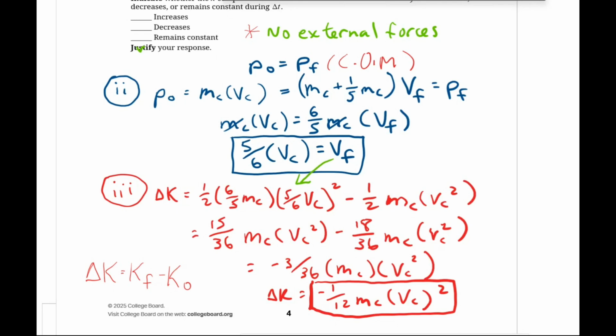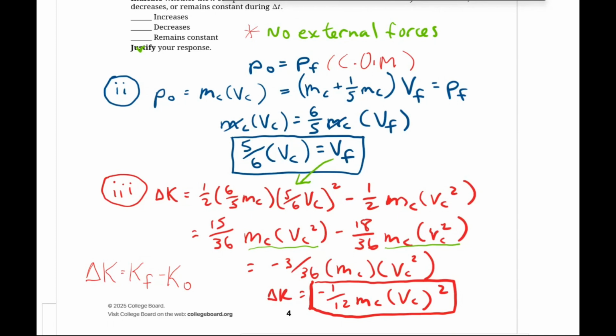And then that's the coefficient in front of the MC VC squared. As you see, this one has an MC VC squared, and this one does as well, which works out nicely. And then negative 3/36 simplifies to negative 1/12. And then our final answer is negative 1/12 MC VC squared.